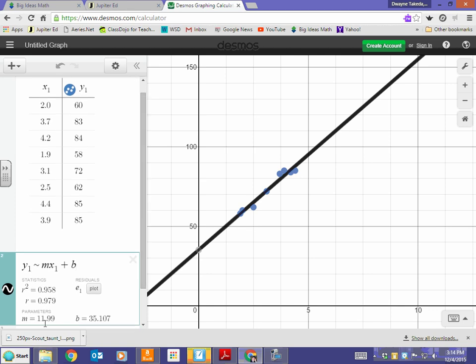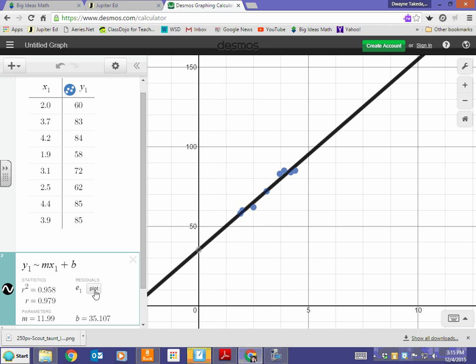So it's telling me that my m is 11.99 and my y-intercept is 35.107. So let me say y equals 11.99 times x plus 35.107. But if you notice, if you said 12x plus 35, you'd probably be pretty close.